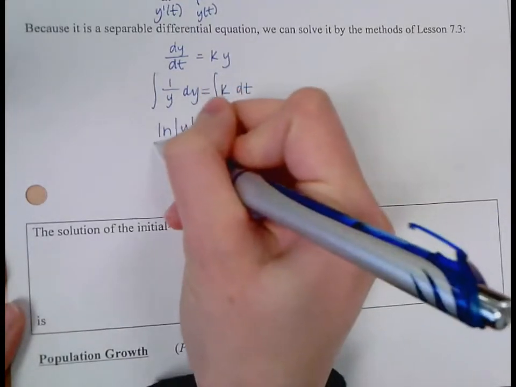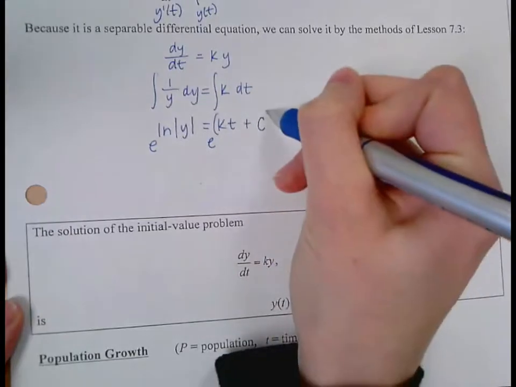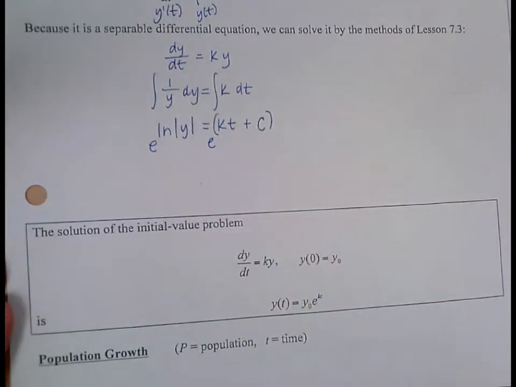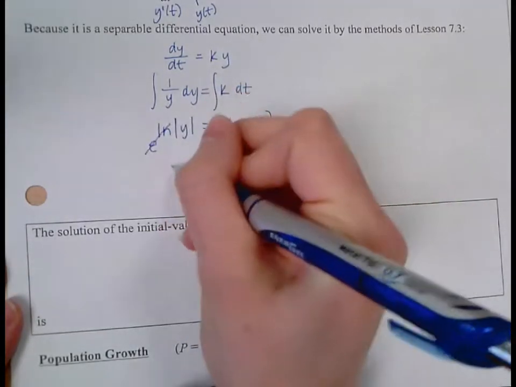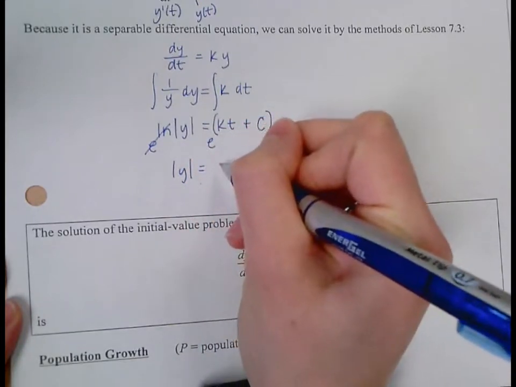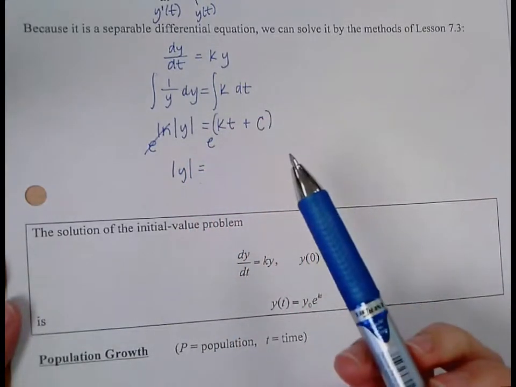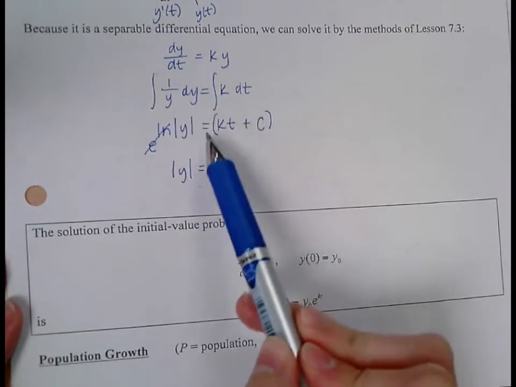So to get rid of the natural log, raise each side as a power of e. And that right side, the entire thing is raised as that power, including that plus c. So here the e and natural log cancel out, so the absolute value of y equals, I'm actually going to rewrite this already. You could leave it like this.